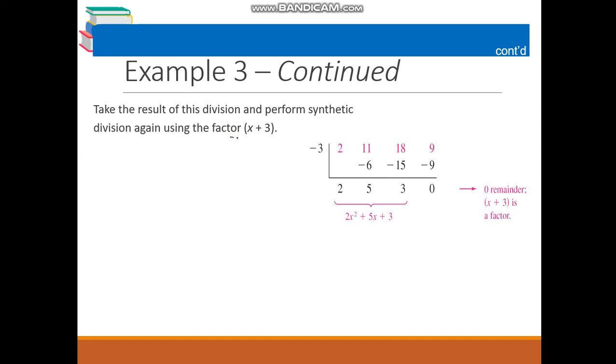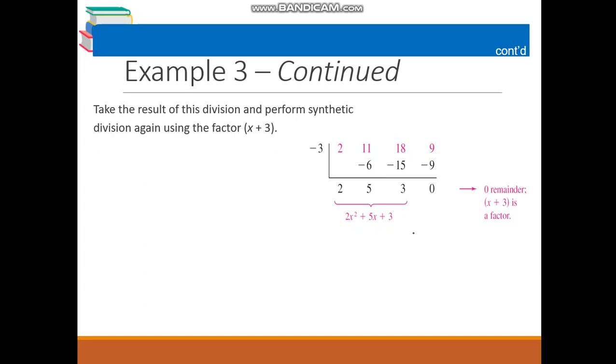Now I want to see if x plus 3 is a factor. So I'm going to put x minus negative 3, so I'm going to put negative 3 there. And I divide it out. Oh, and look, I have a remainder of 0 again. And now I've got 2x squared plus 5x plus 3.